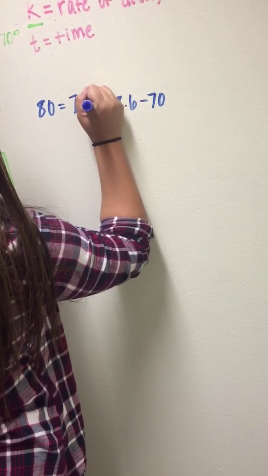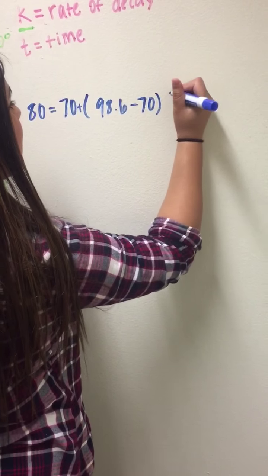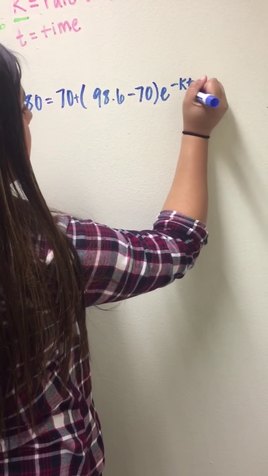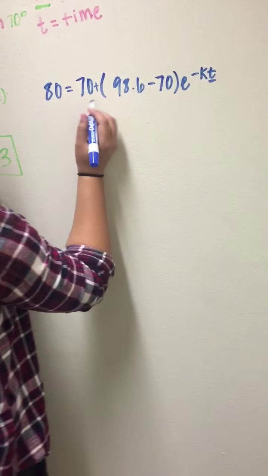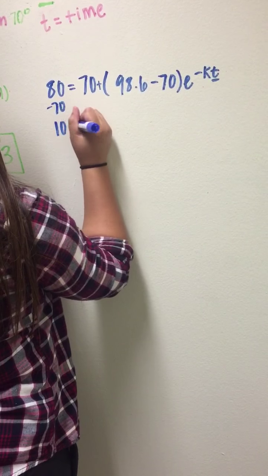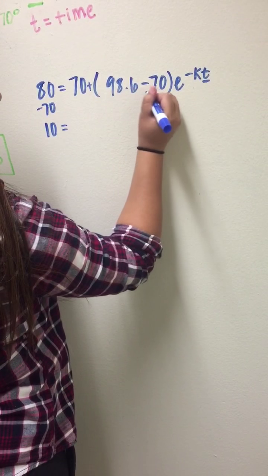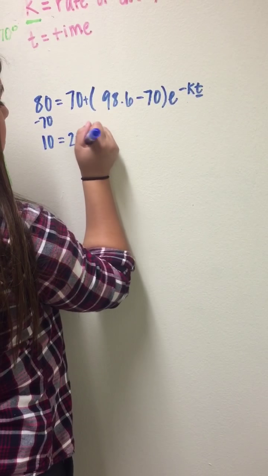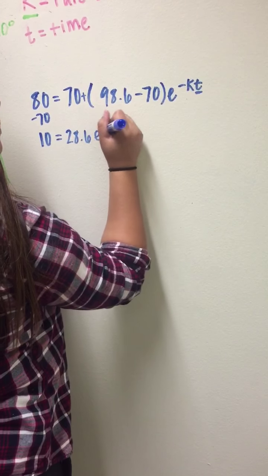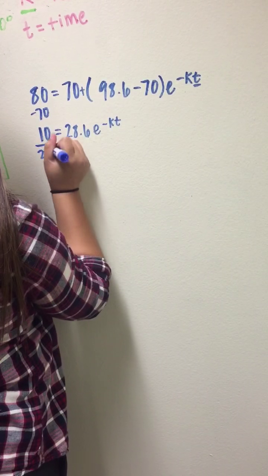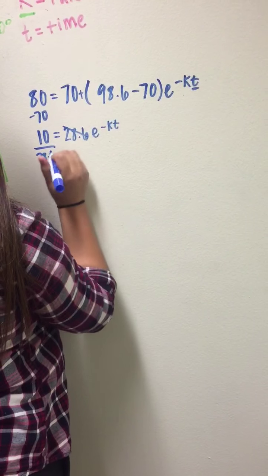Minus 70, sorry, forgot to put a plus sign. E to the minus KT. And now we're solving for T. So we're going to subtract 70, and that's going to be 10 equals 98.6 minus 70 is 28.6. E to the minus KT.